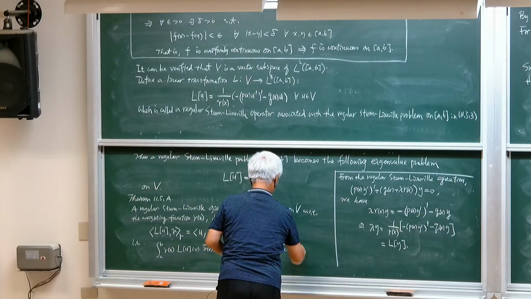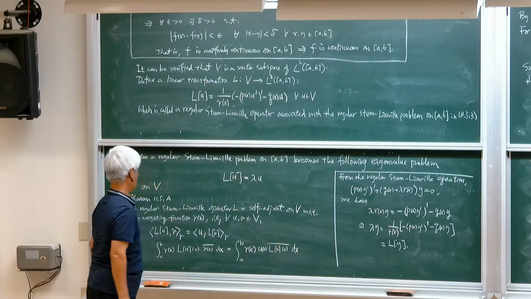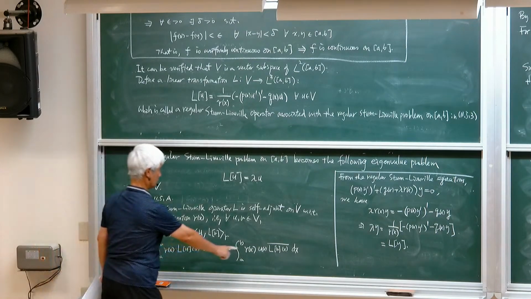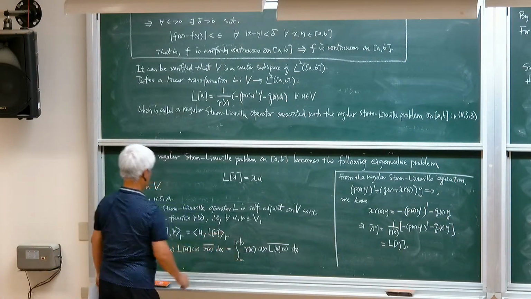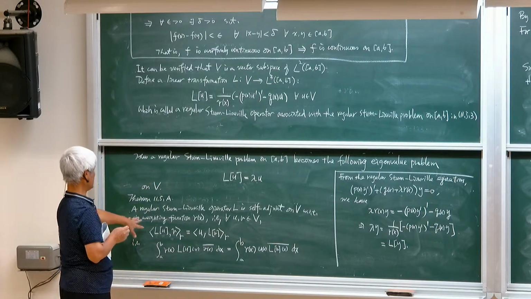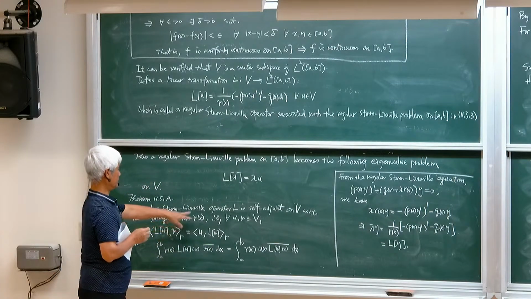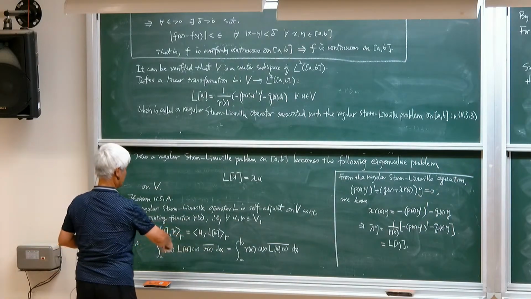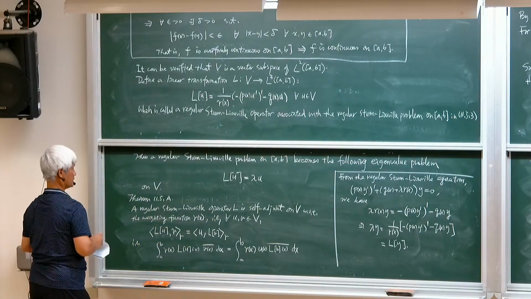So that the operator L is self-adjoint means that we have this property.